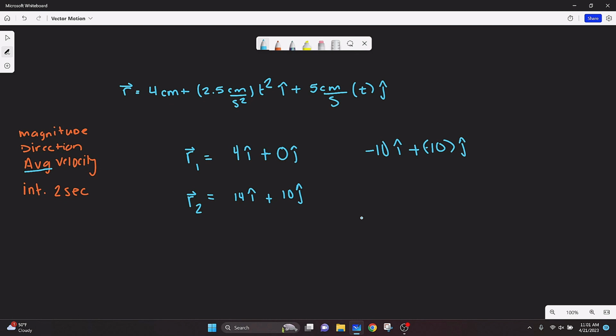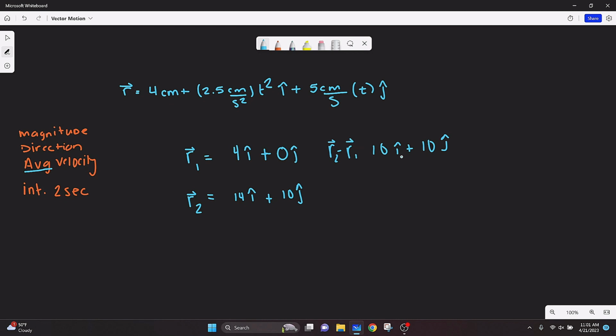Actually, you know what, we could do r2 minus r1. Let's do that, I think that makes more sense: final time minus the initial time. So we get 10 i hat plus 10 j hat. Okay, and that's the x and y component of the difference, r2 minus r1.